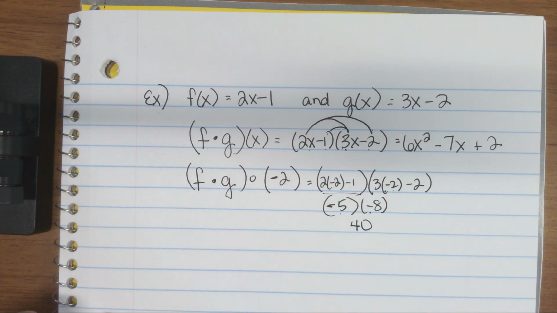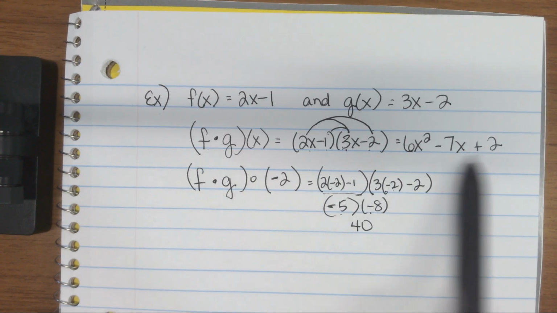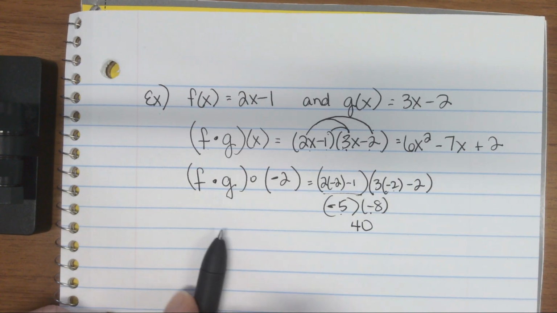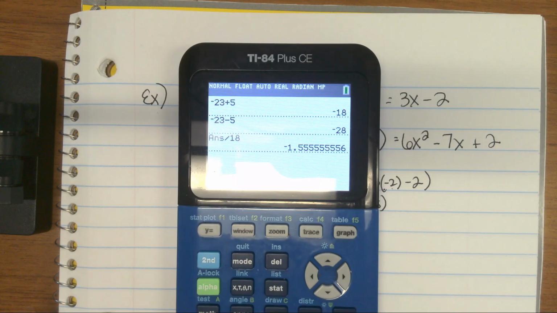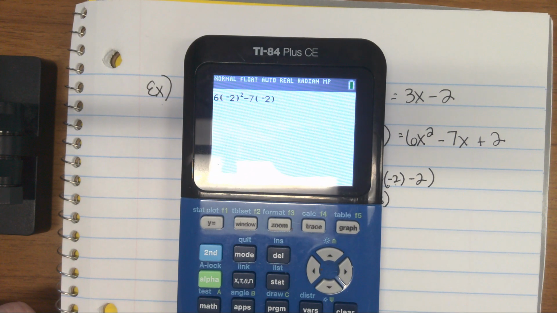What I want to show you is that you should get the same thing if you plug negative 2 into your simplified function. So if I did that, I'll just show it on my calculator for time. You see that I also get 40, the same thing.